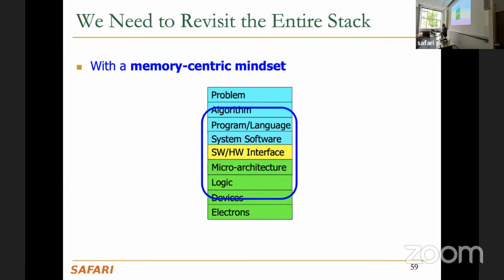Okay. So I think in the end, we need to revisit the entire stack. That's my whole point about these processing and memory lectures. The whole stack is designed in a way that's not memory-centric. It's very processor-centric. What we're trying to do is attack the stack with a memory-centric mindset. For example, we talked about mapping data, right?